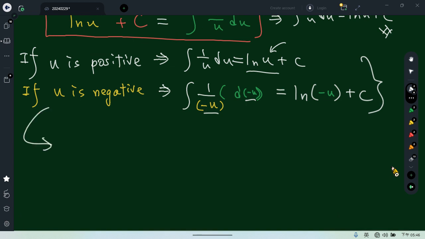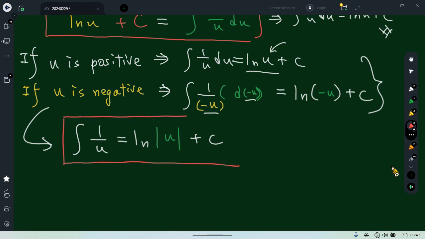So based on these two results, we can get the integral of 1 over u du is ln of the absolute value of u plus c. We can use this to have a unified result. We can use this expression to unify these two separately discussed cases, right? Whether u is positive or negative, this expression fully covers them. Sorry, I forgot du.